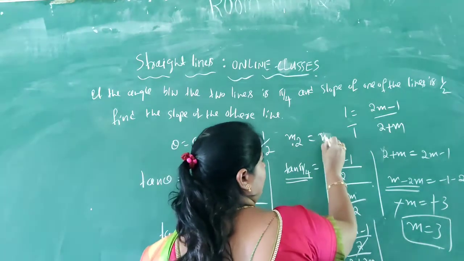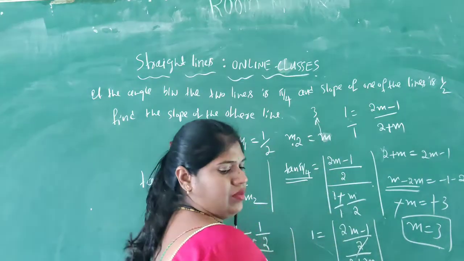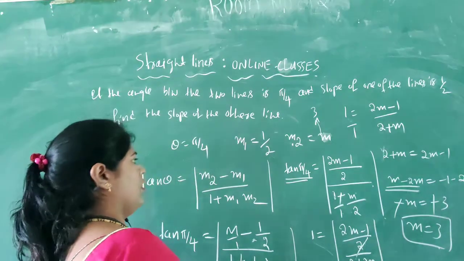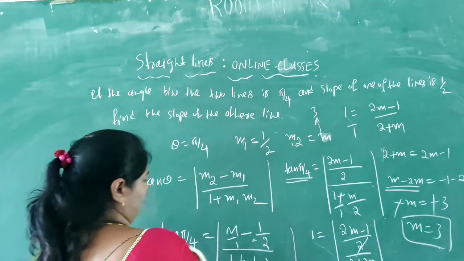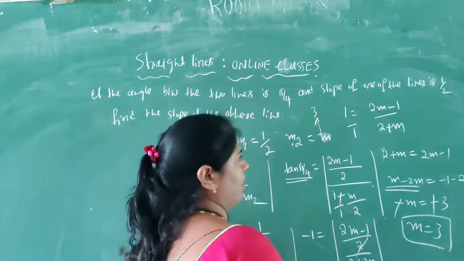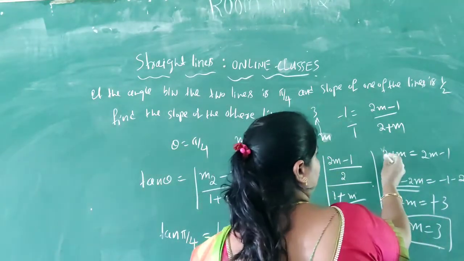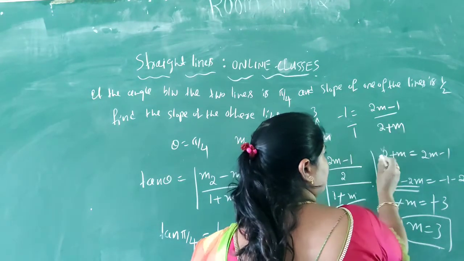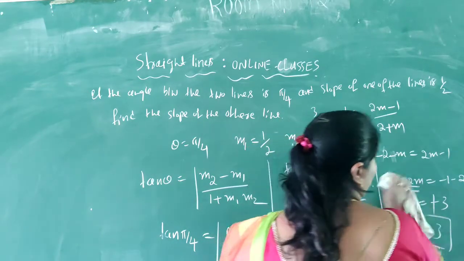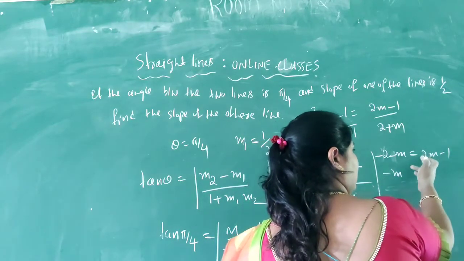So we can substitute here what is the m value? That is 3. Similarly, we can do it for minus 1 also. Then minus 2 minus m, so it is going to be minus m, minus 2m.